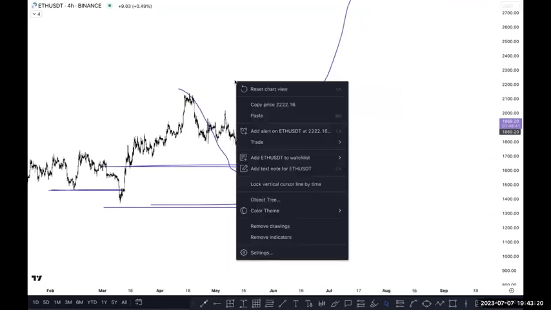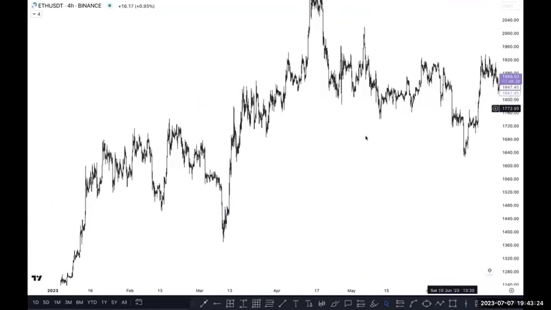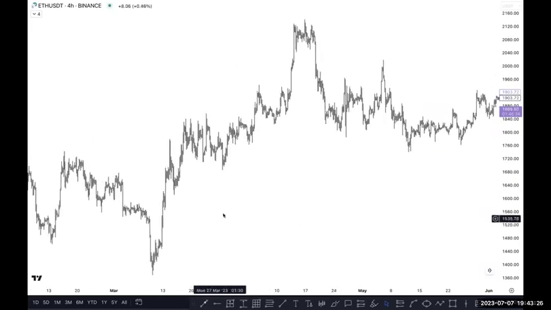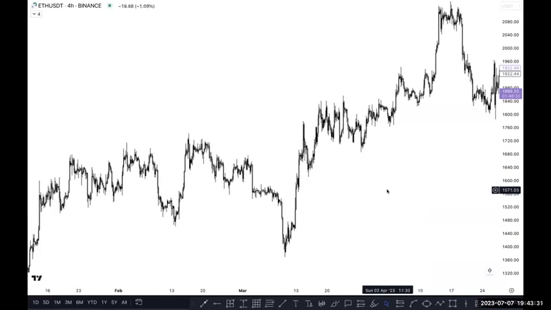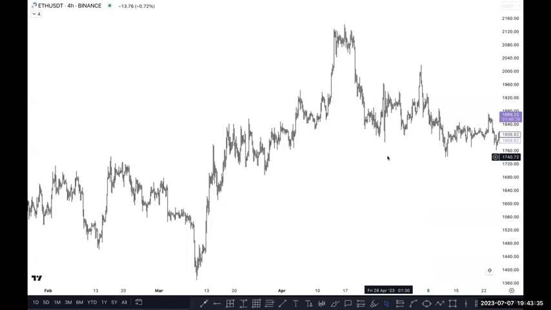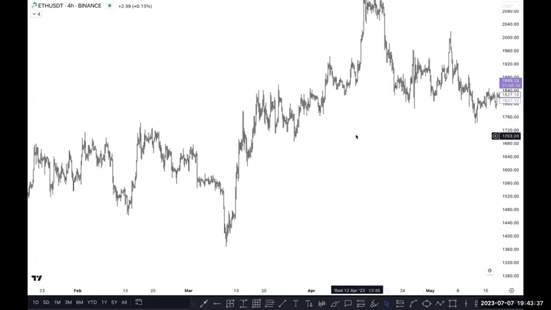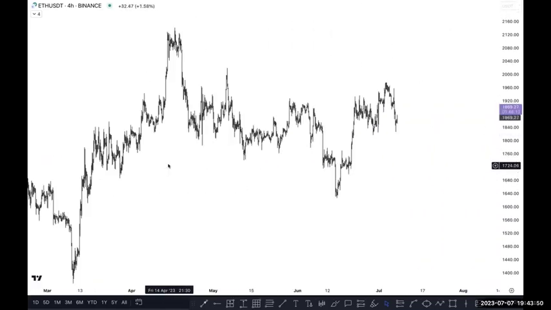First of all, we are going to start on Ethereum to see what is happening here and what we can expect in the next move, and how we can identify it from higher time frame to lower time frame. So we are going to 4 hour and 15 minute, right?